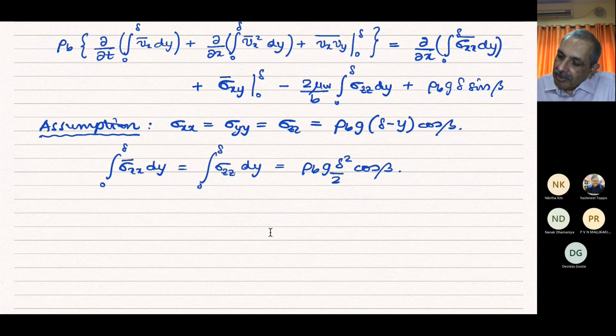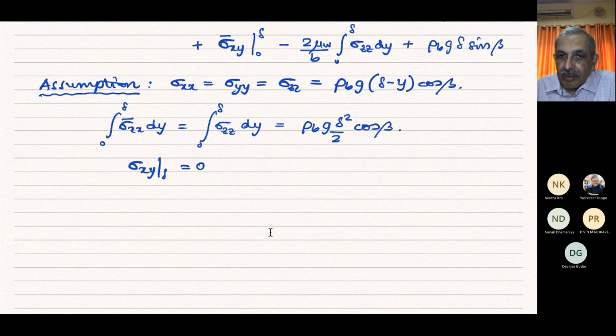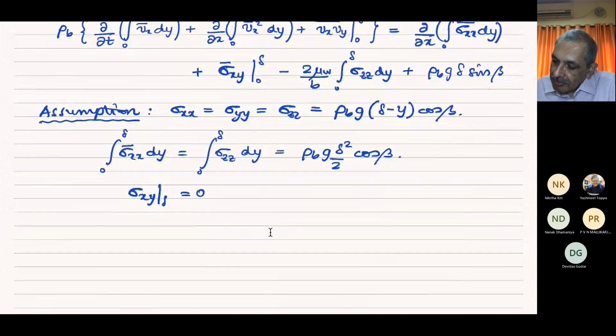And one more thing that we can do is that tau xy at delta is just going to be equal to 0. That's at the free surface, so that equation also simplifies a bit. And then you can also do some further integrals.